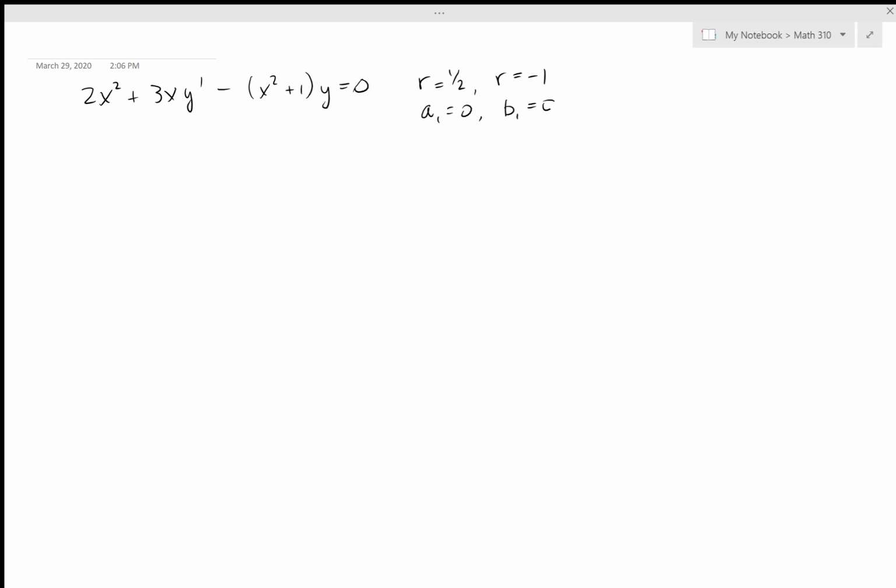I also have a relationship where I know something about C0 at this point. Let me just write out what that is. Where am I at?